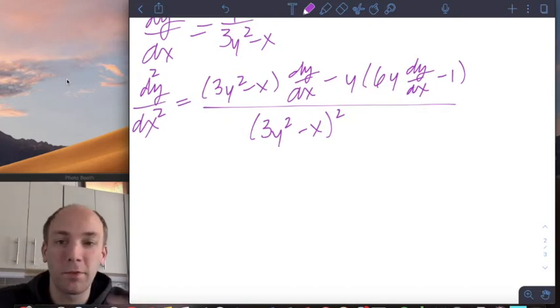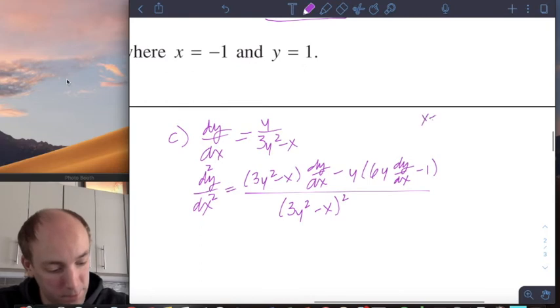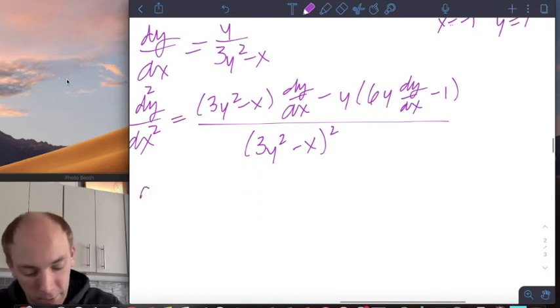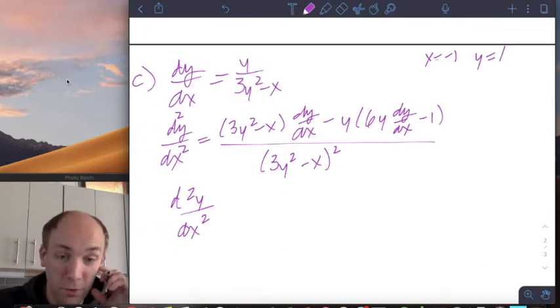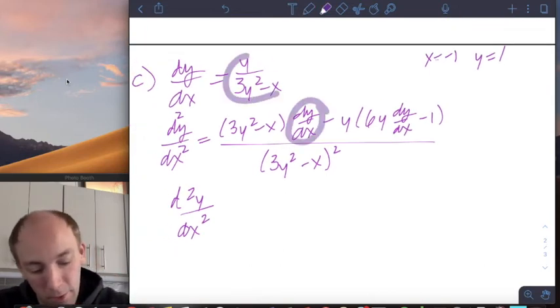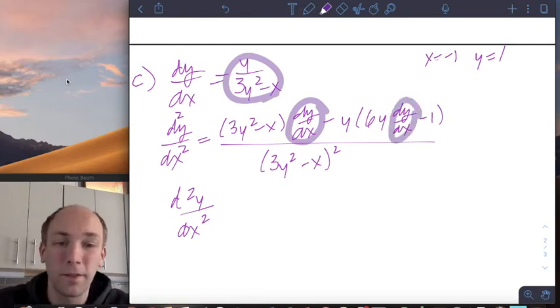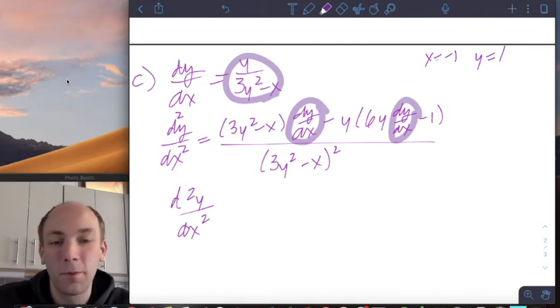We've got to simplify this and plug in the point, x equals -1 and y equals 1. We can do some of this off to the side. You've got some choices here. dy/dx is equal to all of this, so you could put that in for each dy/dx in the problem, but that's going to get really complicated really quick because you're going to have fractions on top of fractions, which we'd like to avoid.